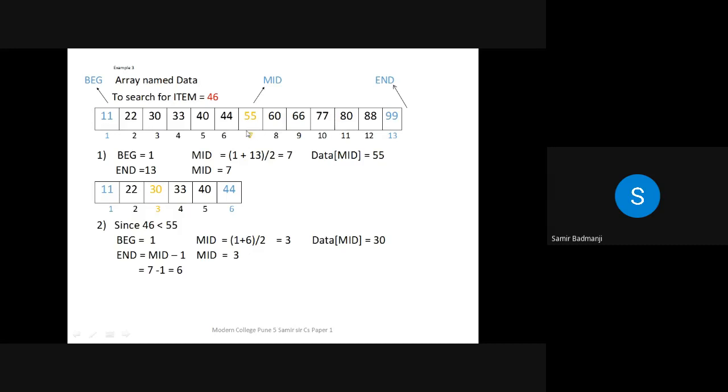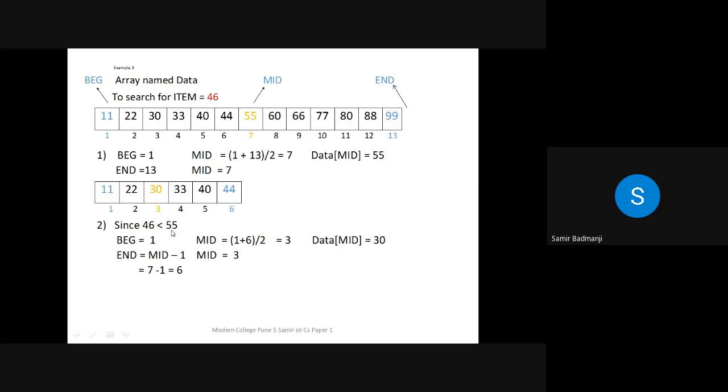So 7 is the midpoint. Data mid is equal to 55. We are searching for the element 46. Since 55 is larger and 46 is smaller, it will be in the previous half, the left half. So ignore the right hand side, and end will be what? Again mid minus 1, see, 6. So this is the new array.